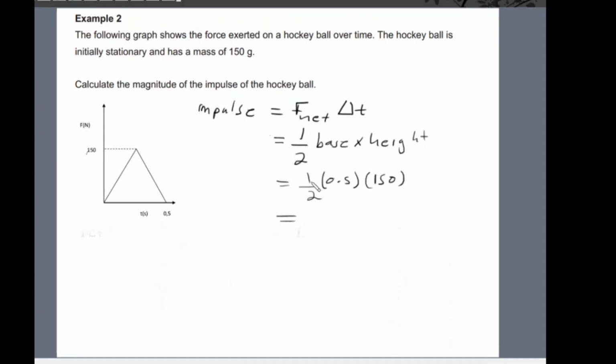So half base times height gives us 37.5 newton seconds, the unit of measure for impulse.